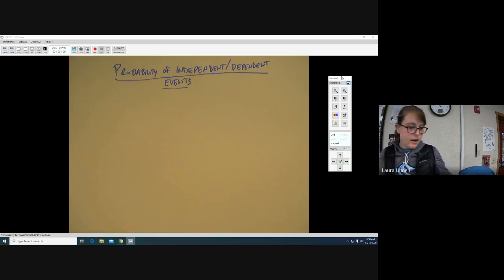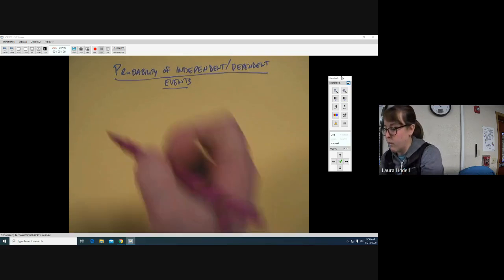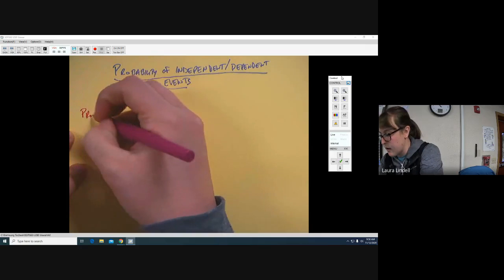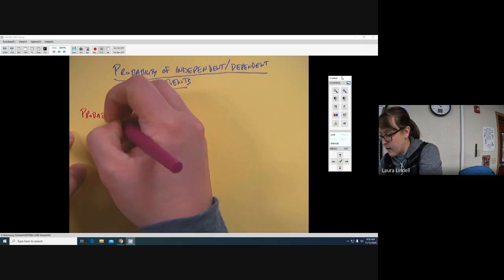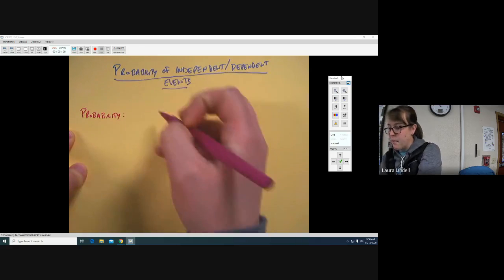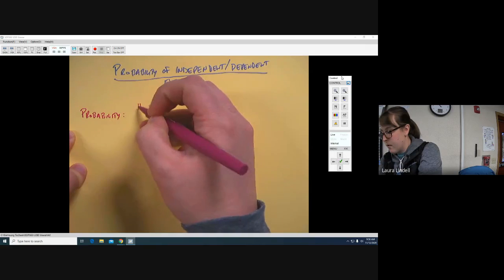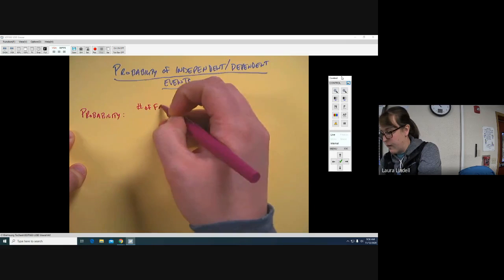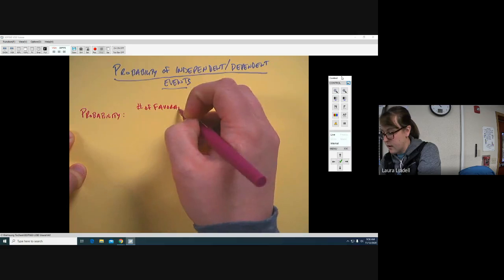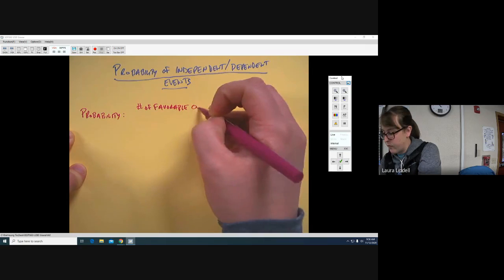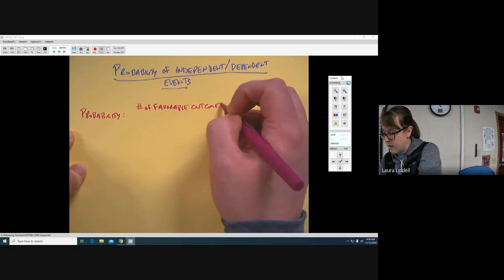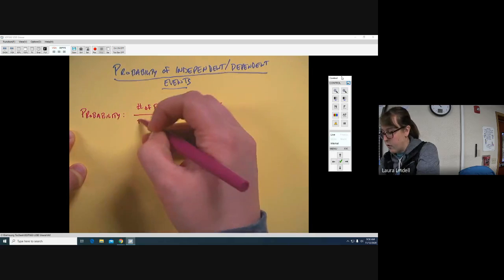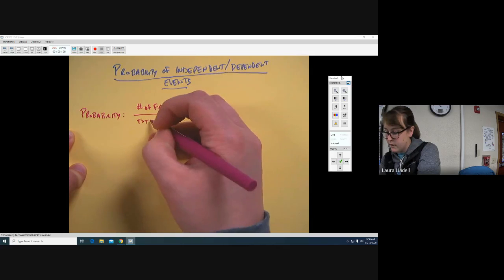So first of all, talking briefly about what probability is, kind of like we saw in our warm-up. Basic probability is the number of favorable outcomes over the total number of possible outcomes.